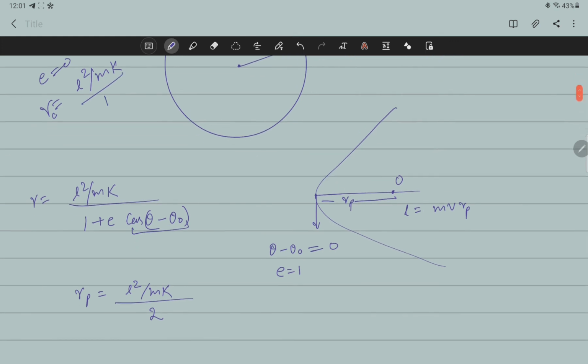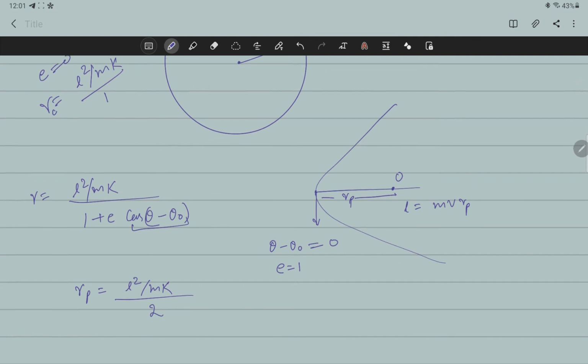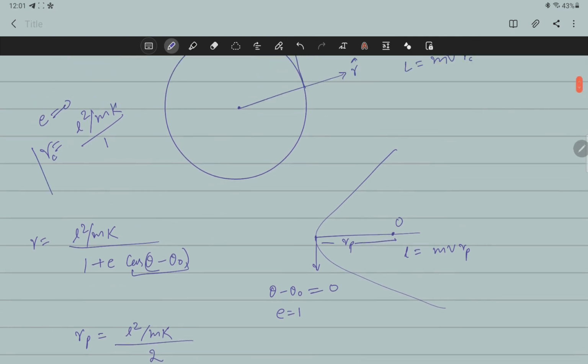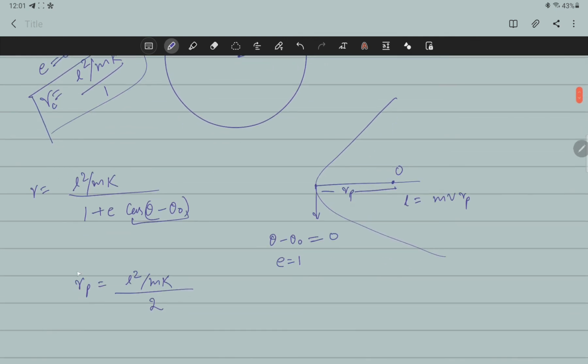So that is rc, and this is rp. So now you can see rp is equal to rc divided by 2, which means rc is equal to 2 rp. So this is the solution for this. Thank you very much.